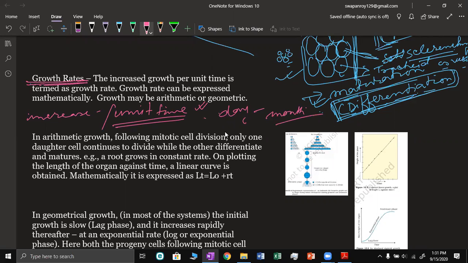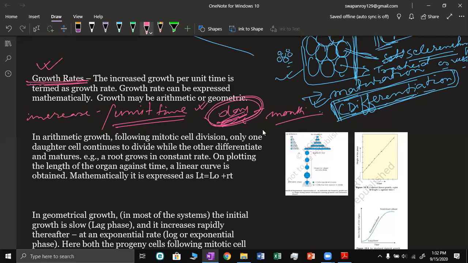Per day is a very common one, if we have to see how much length or weight is increasing per day. So this is the growth rate.